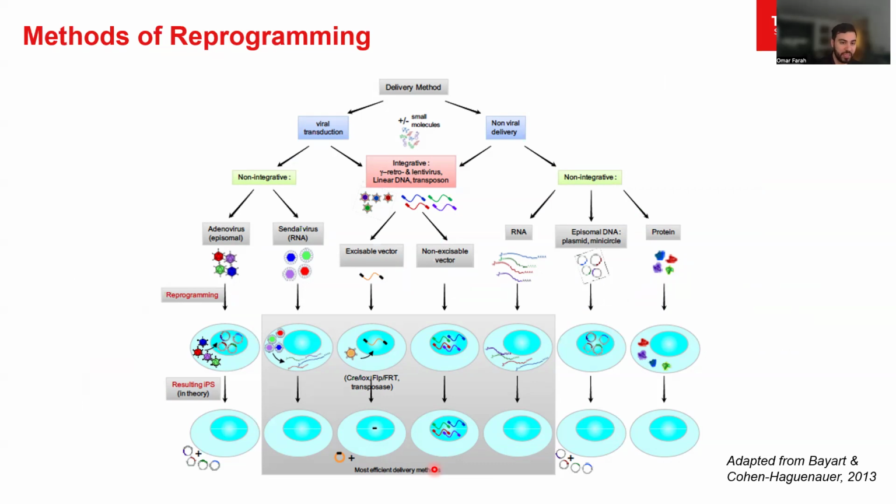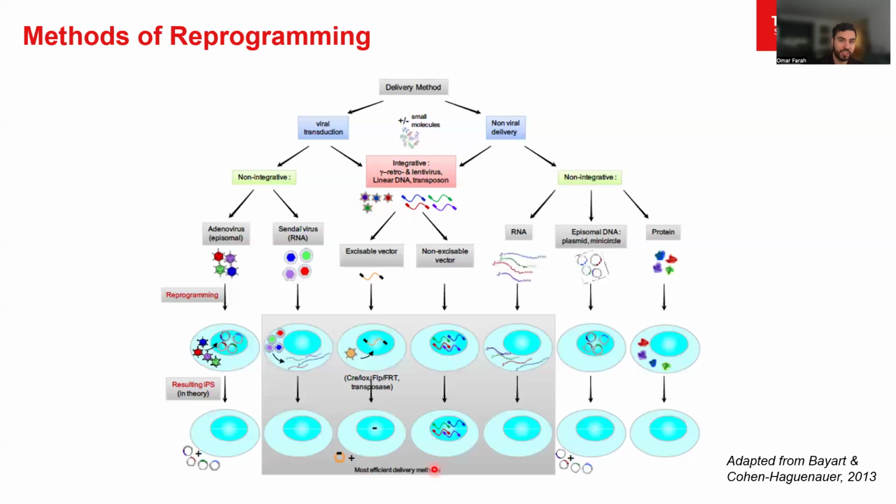And so the biggest question here is how do you get those transgenes to be expressed in the cells, right? There are different delivery methods by which you can have transgenic constructs that you can deliver into the cell and get those cells to start expressing these transcription factors.